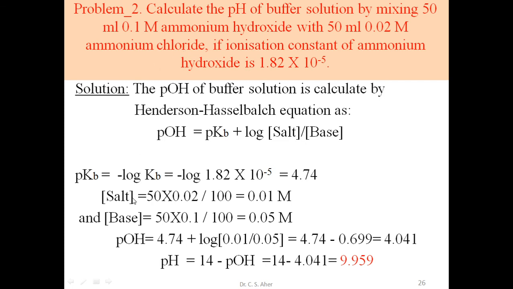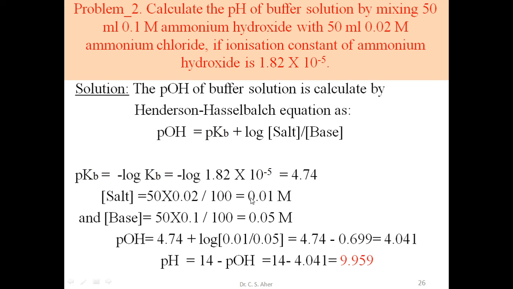The ammonium chloride concentration is equal to 50 into 0.02 upon 100, where 100 is the total volume of the solution after mixing the salt and base solutions. So this value is 0.01 molar.